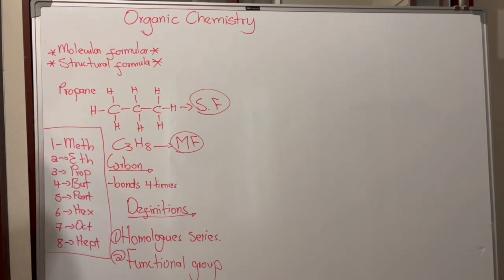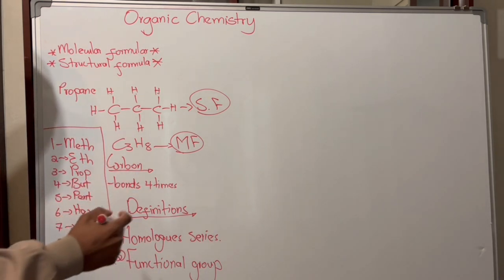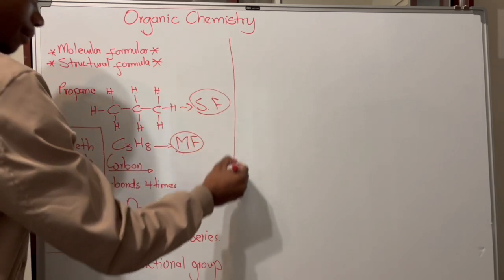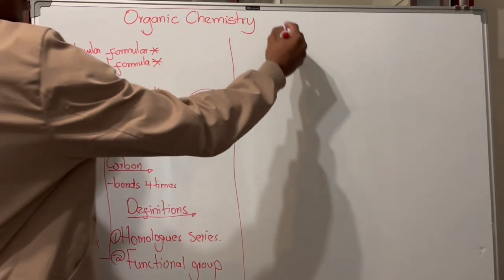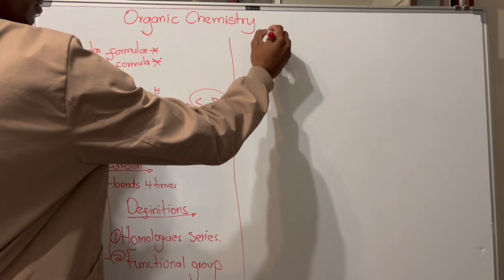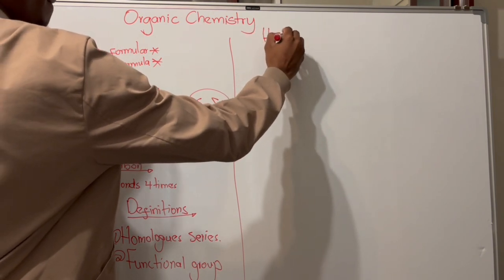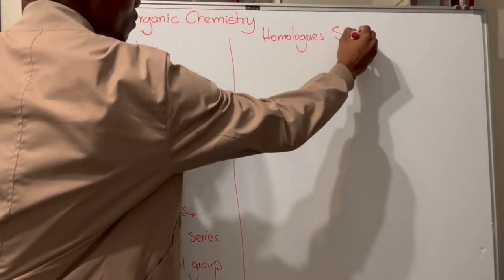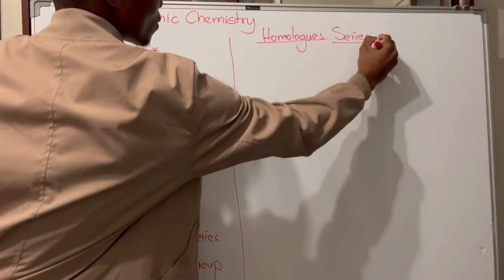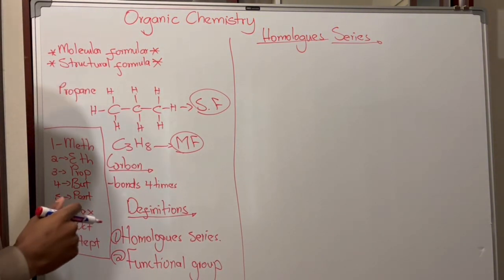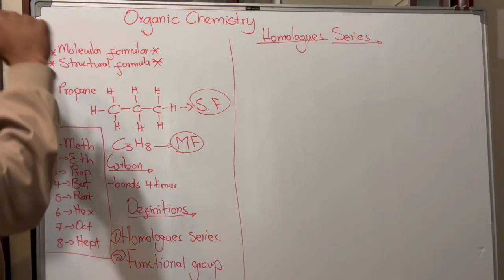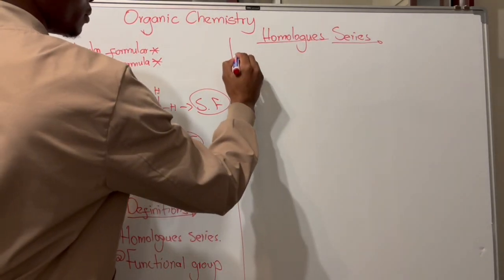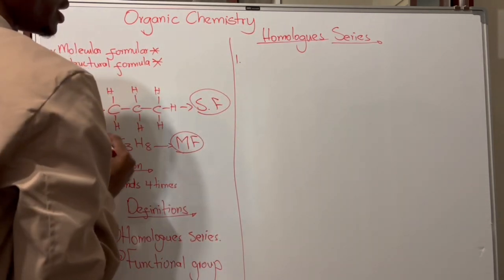Now, let's see all of these homologous series as well as functional groups in a table. Maybe it's going to be easier to understand that way. So let's talk about our homologous series. The first one, we call them hydrocarbons.